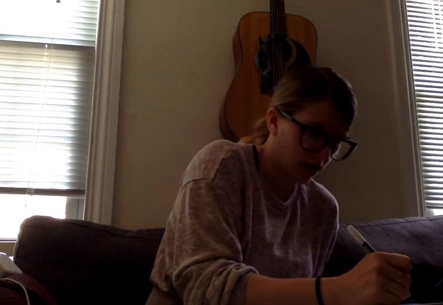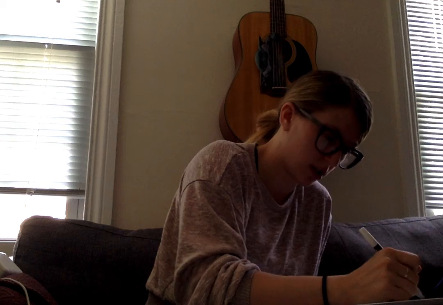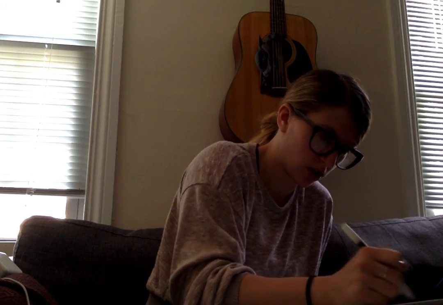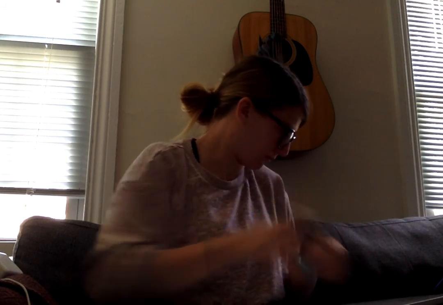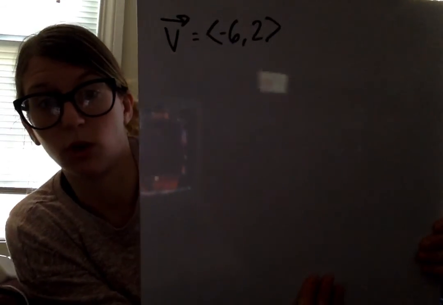So second quadrant, let's say, and I took this directly from the PowerPoint. So the examples I'm doing in here are the examples from the PowerPoint. We're going to do vector -6, 2. So let's put that on a Cartesian plane.